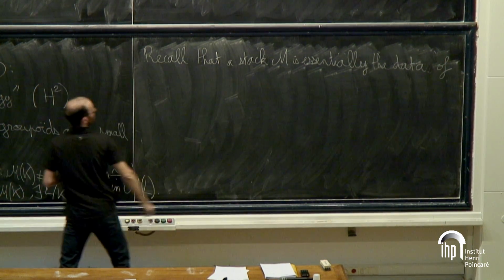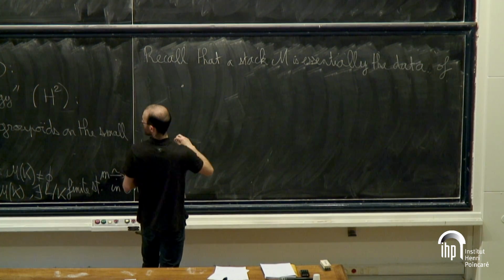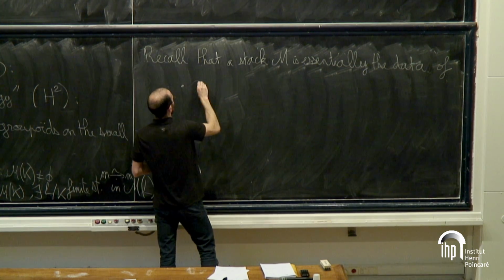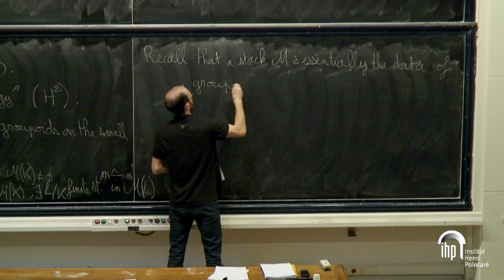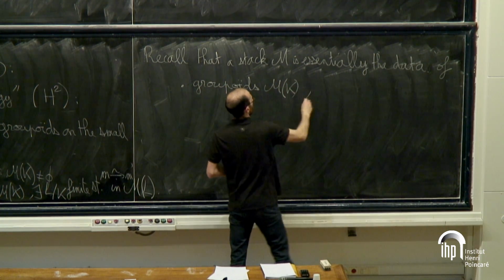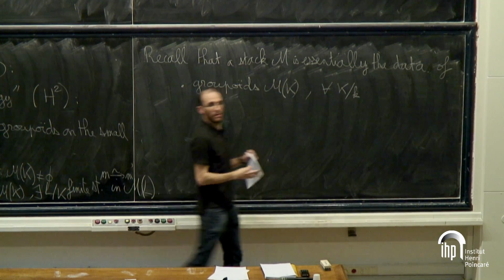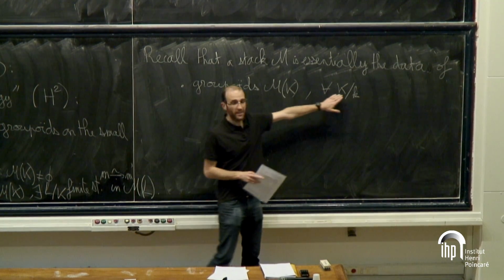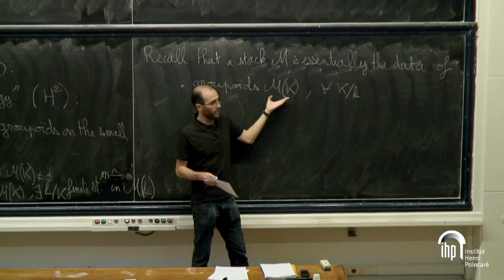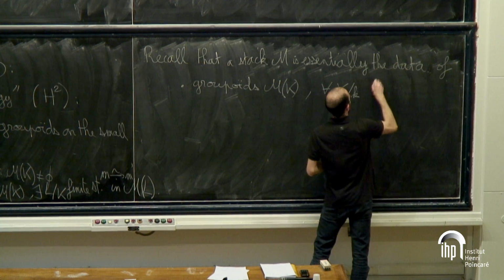You are given some categories, groupoids even, M of capital K, for any étale algebra capital K over little k. So for any étale algebra of little k, you consider a category depending on capital K.